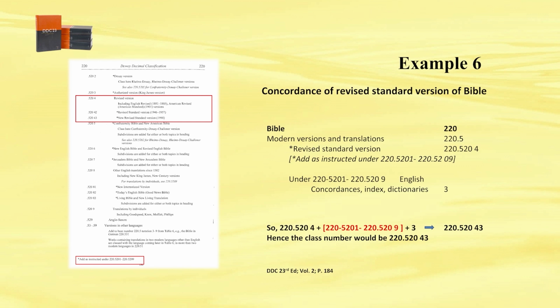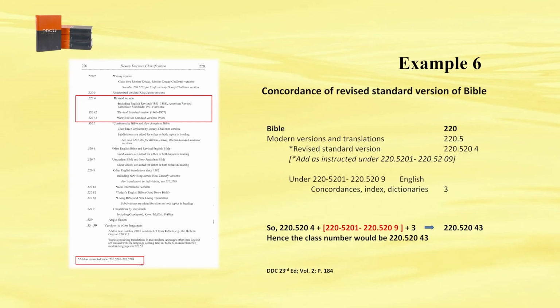As the entire 220 to 280 has been dedicated for Christianity and its subdivision, we should get the number for the Revised Standard Version of Bible. Direct number should be there, and then we have to find the number for concordance.